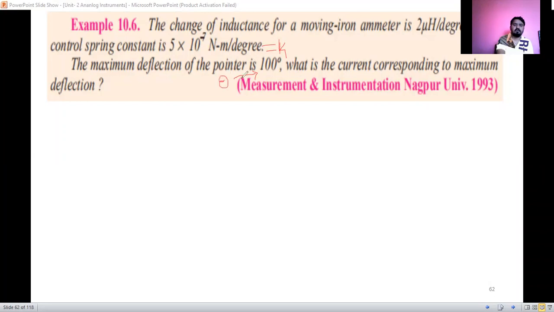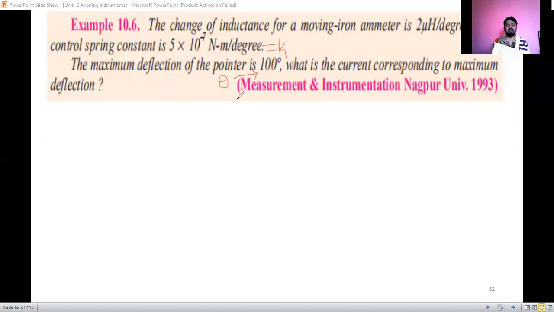So here K is given, theta is given. K theta. What is the formula for that? K theta equal to 1/2 I squared dL by d theta.